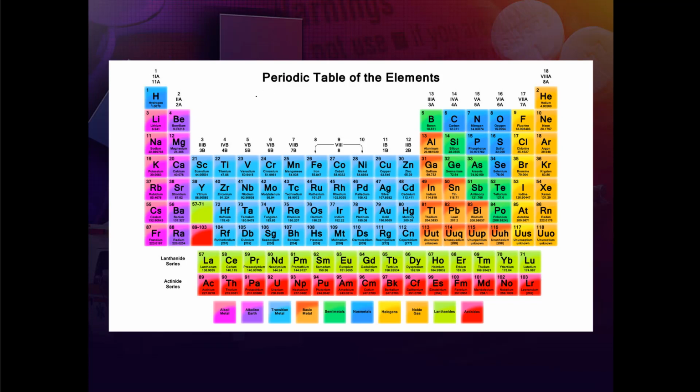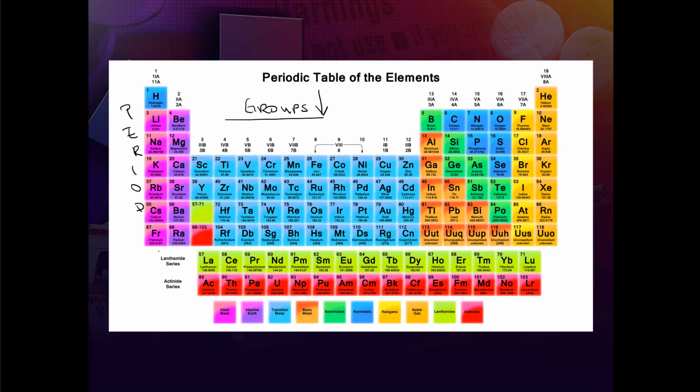Along the periodic table of elements, we have groups along this top portion, and groups are basically going to be the columns. Then along the side, we have periods, hence the name periodic table of elements.